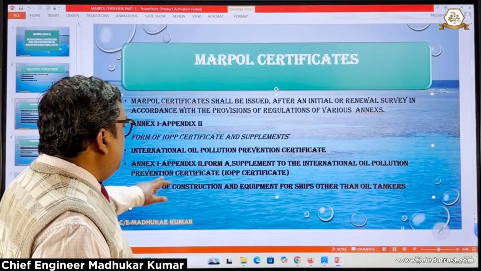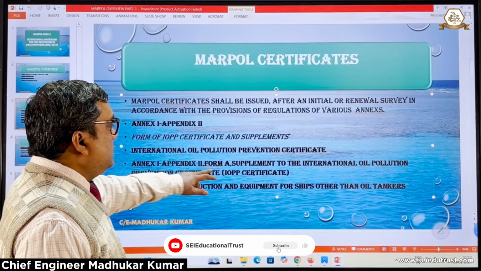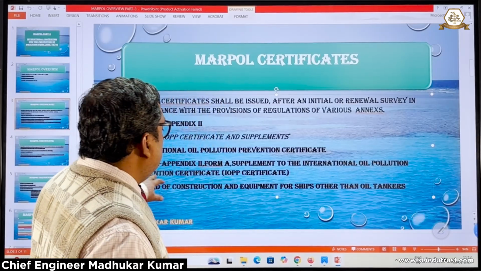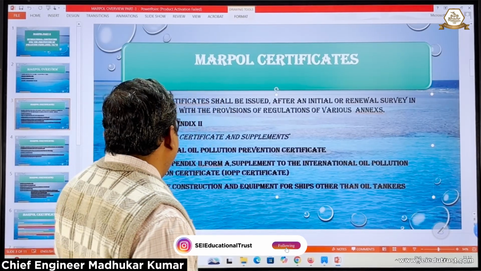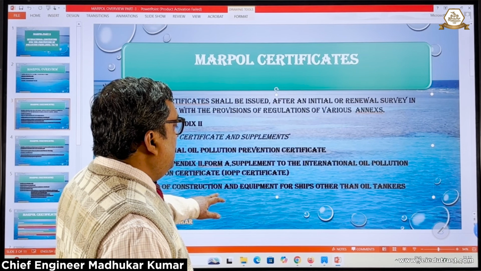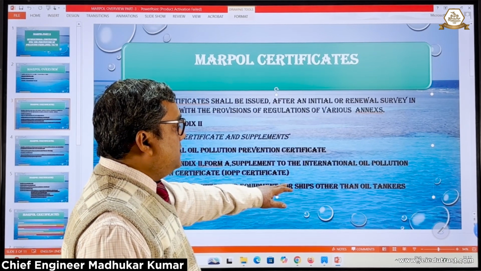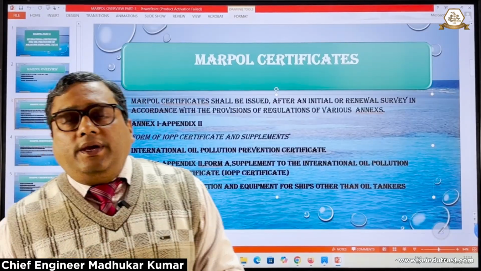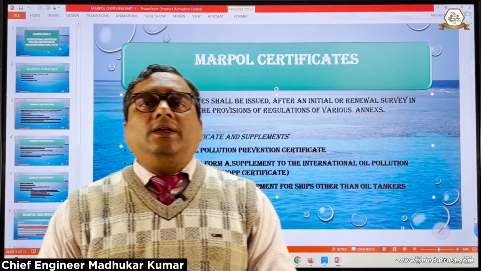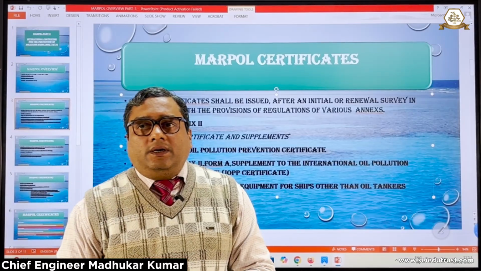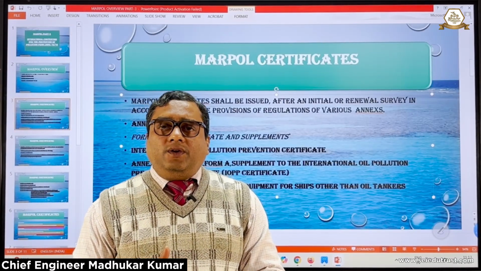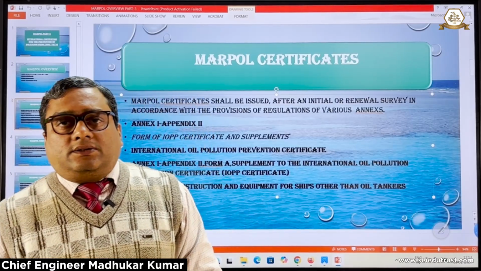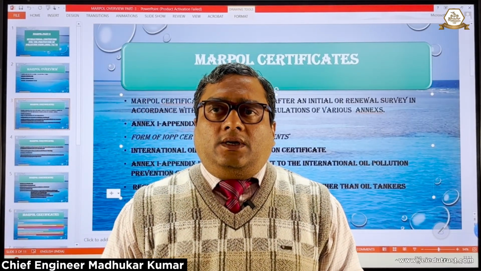Form A is in appendix 2, the supplement to the International Oil Pollution Prevention Certificate, IOPP. It is the record of construction and equipment for ships other than oil tankers. So form A specifically relates to the IOPP certificate for non-tankers.